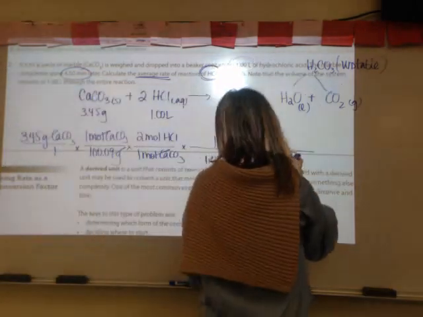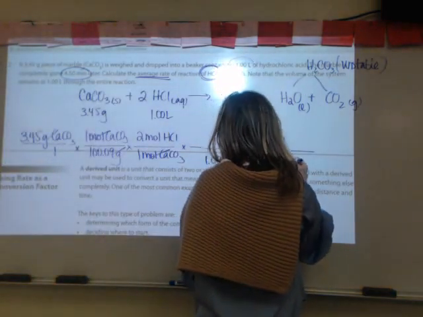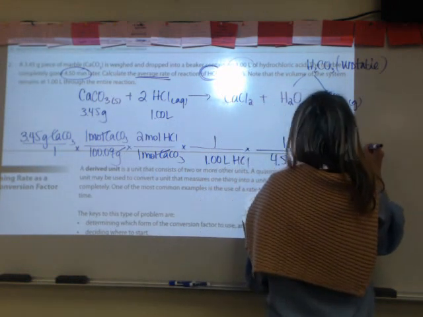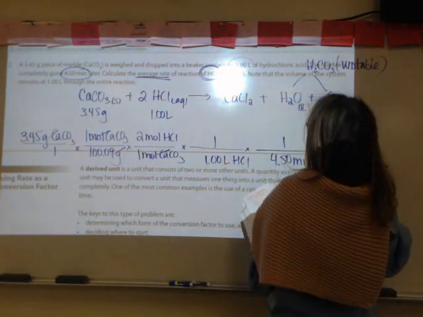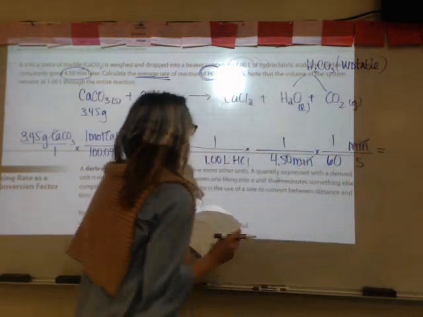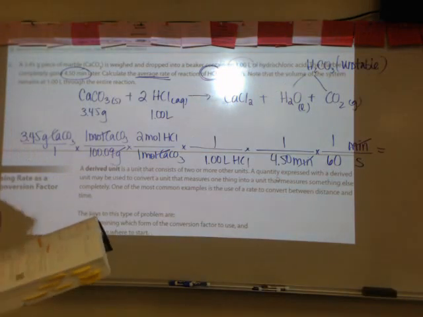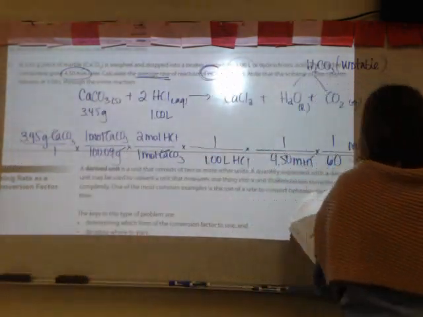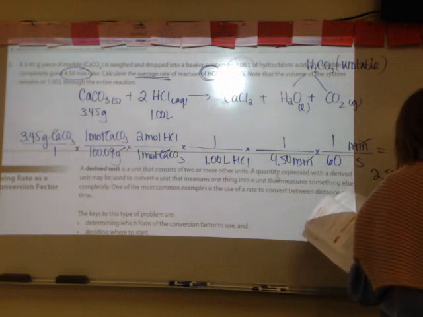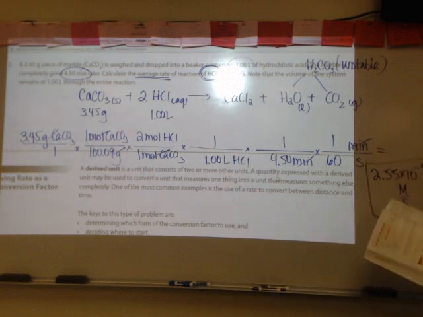So you could put your 4.5 minutes here and then convert your minutes into seconds, so there are 60 seconds in a minute, and that will give you the units that you're looking for. If you multiply everything out, you're going to get 2.55 times 10 to the negative 4th molarity per second.